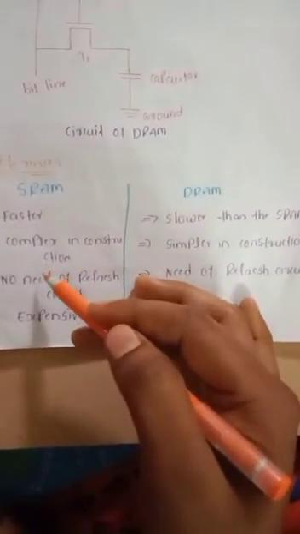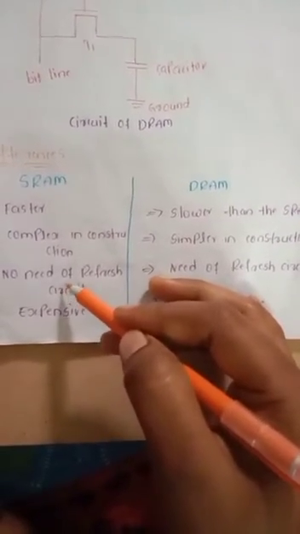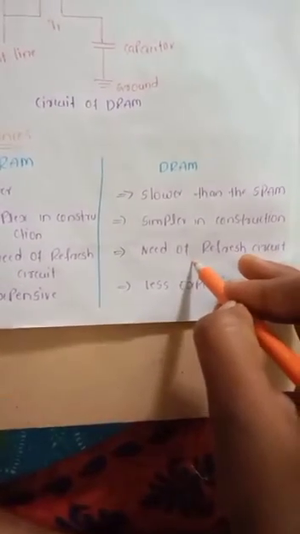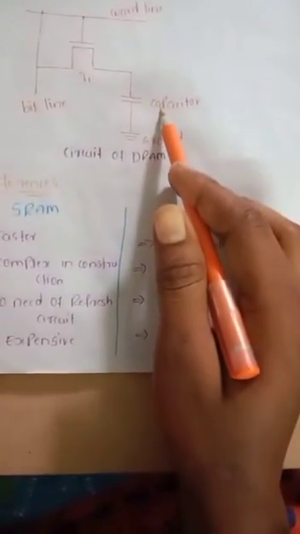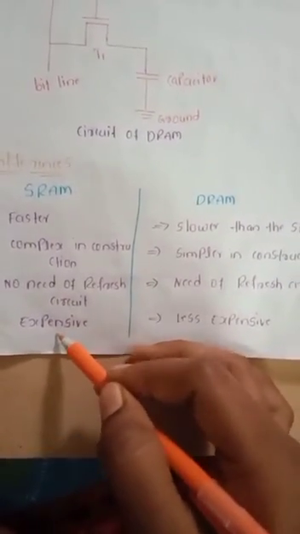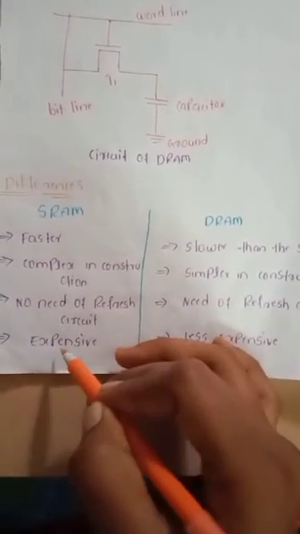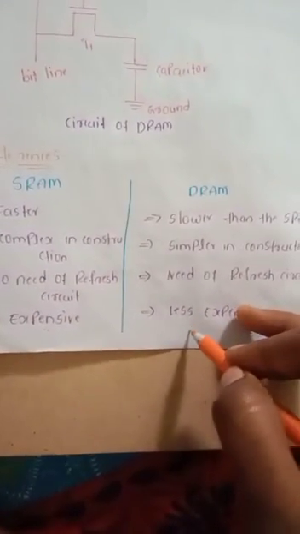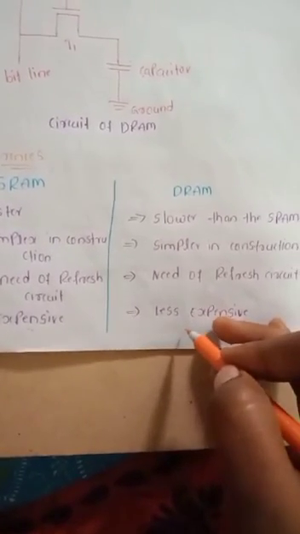In static RAM, there is no need of a refresh circuit because no capacitor is used. In dynamic RAM, a refresh circuit is compulsory because we use a capacitor to perform the operation. And the last, fourth one: static RAM is expensive because it needs six transistors. The dynamic RAM is less expensive because it requires only a capacitor and a transistor.